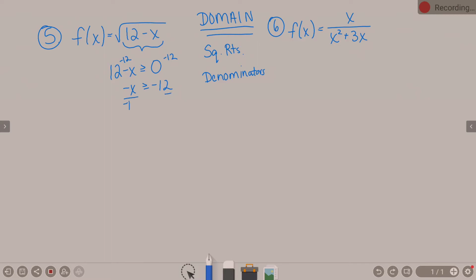Either or, right? So if we divide by negative 1, this becomes x. Negative 12 divided by negative 1 is positive 12. And what happens when we multiply or divide by a negative? Greater than or equal to becomes less than or equal to, yes? So without even looking at the graph, I think my domain is going to be x less than or equal to 12.